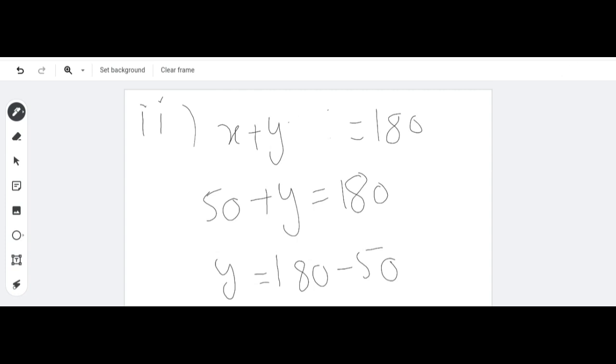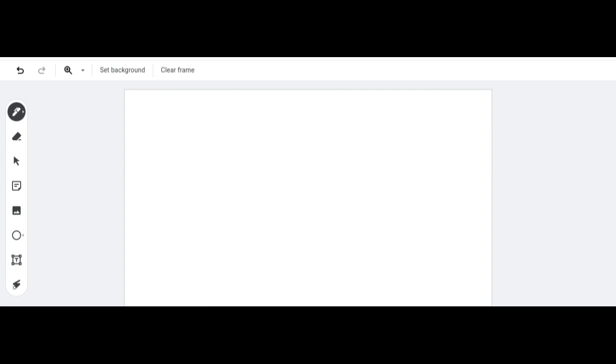Yes, 130. So we got the value, which is 130. The y is equal to 130. Now I have to find the value of x and z as well, because I just got the value of y.